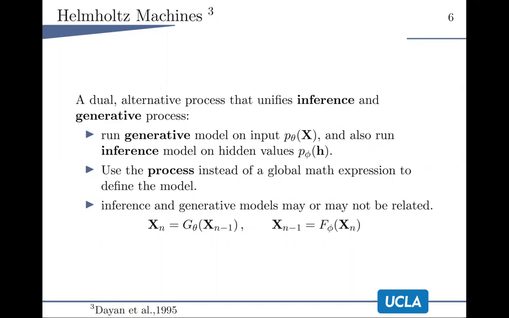It is using a process instead of a mass expression to define the model. And the inference and the generative models can be related, but the two models can be totally different as well.